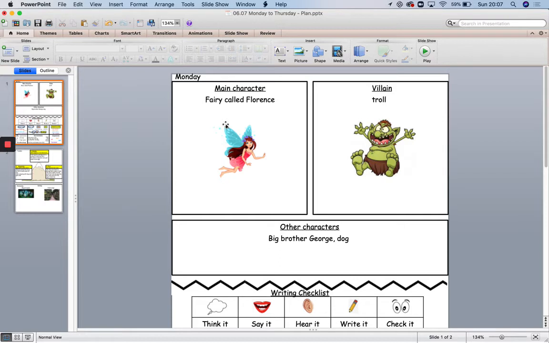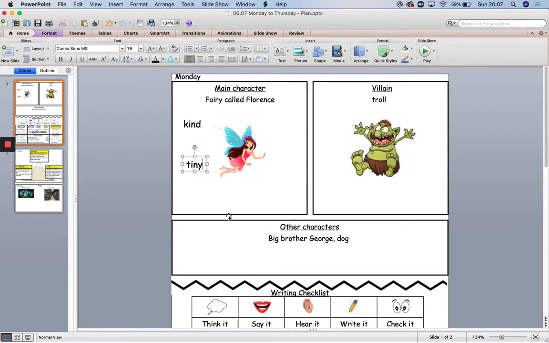I would like to describe her a little bit more so we know what kind of a fairy she is. So I'm just going to copy this and then paste it so that I can write some adjectives. So here we go. She is going to be a kind fairy. She is going to be tiny. Oh, tiny, small, mini.